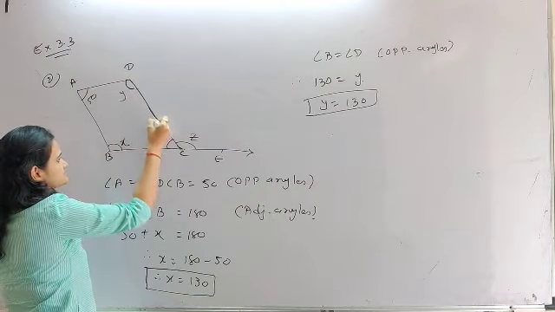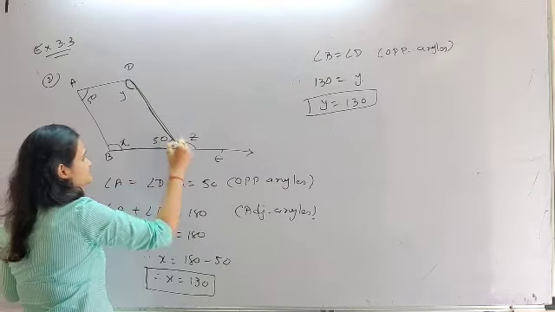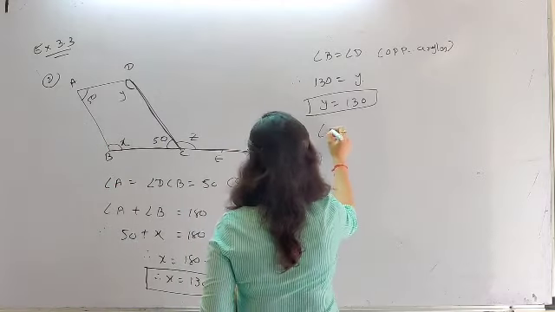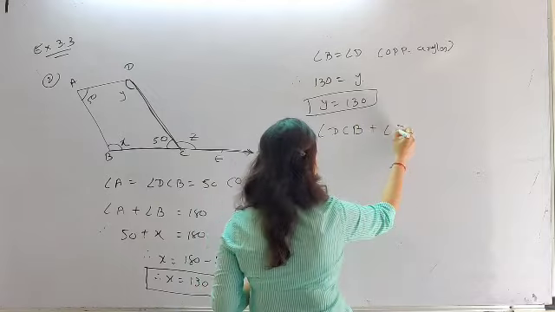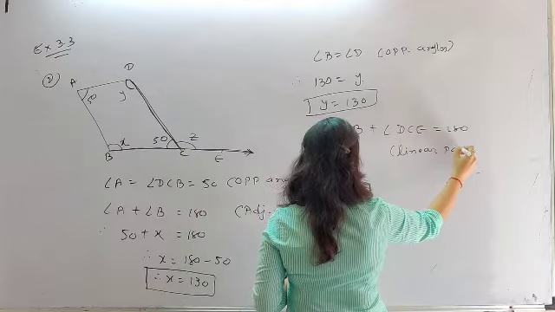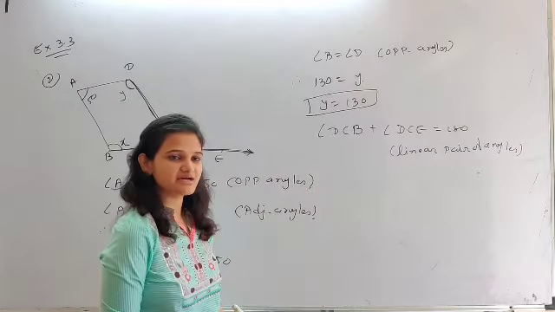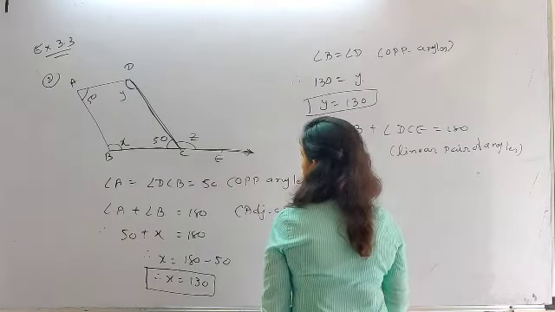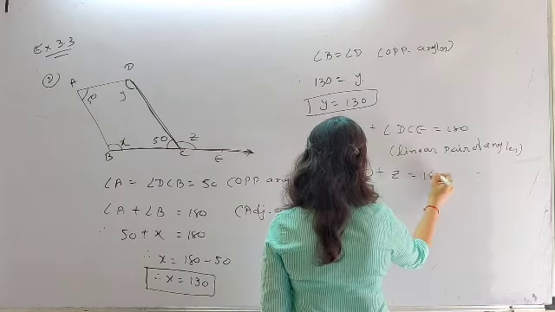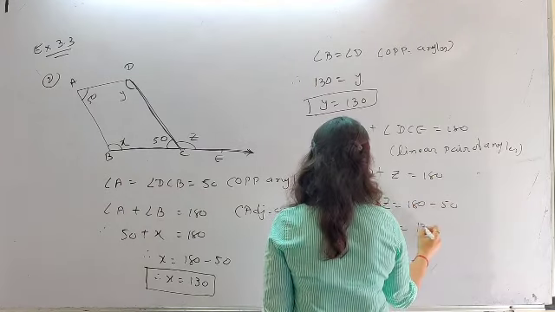They are a linear pair of angles, so they are supplementary. DCB is equal to 50, plus z is equal to 180. So z will be 180 minus 50. z is equal to 130.